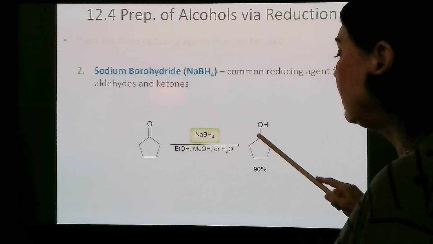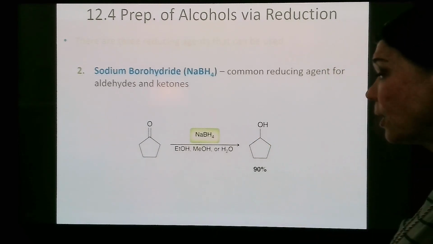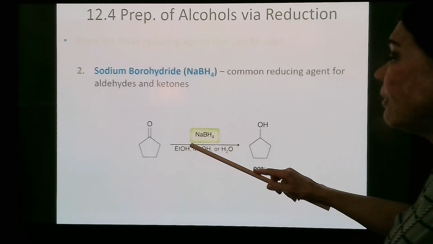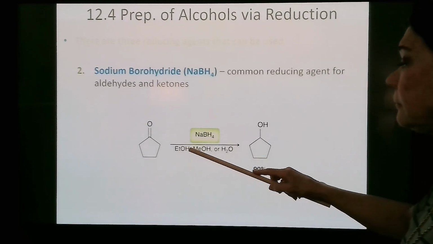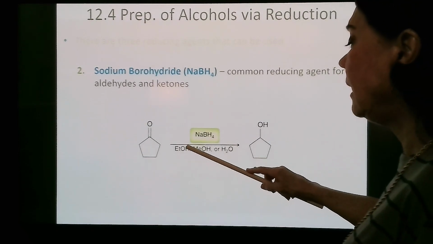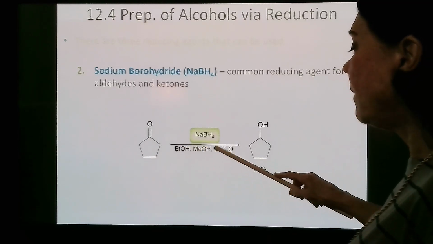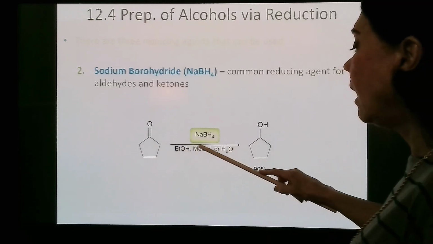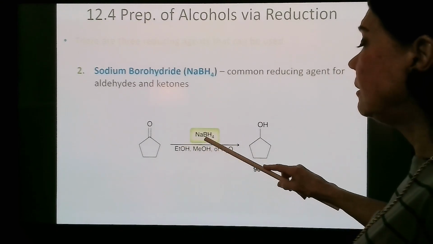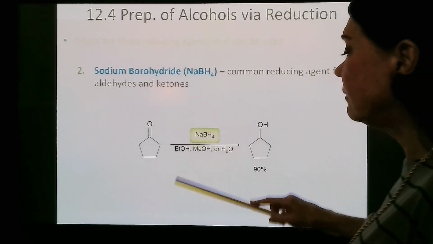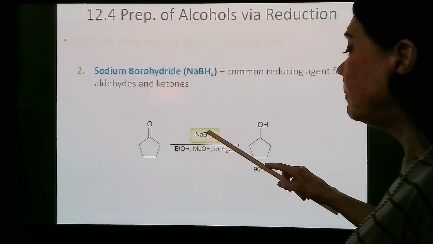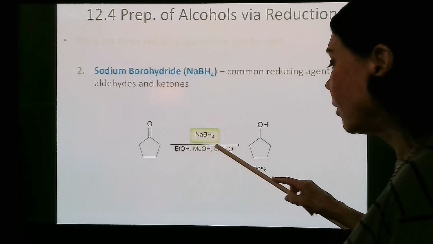You can actually run the reduction in the presence of the neutralizing compound. So the ethanol, methanol, or water can be in the presence of sodium borohydride because the sodium borohydride does not react with these.